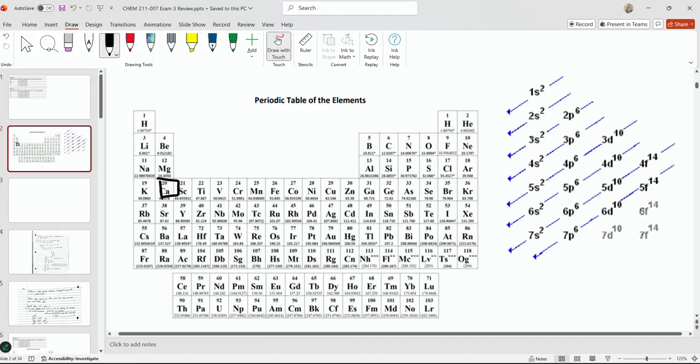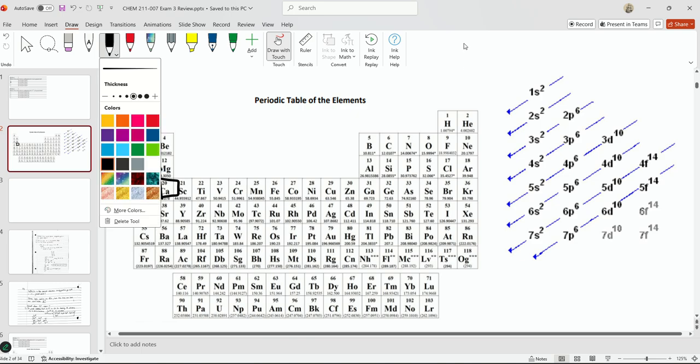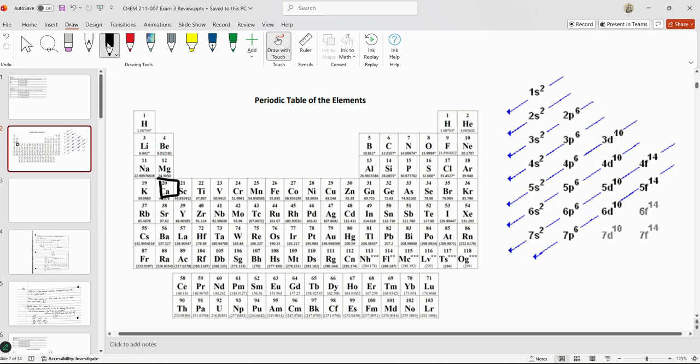So when we do the electron configuration, there's a specific pattern we have to follow. It goes from 1s, then to 2s squared, 2p.